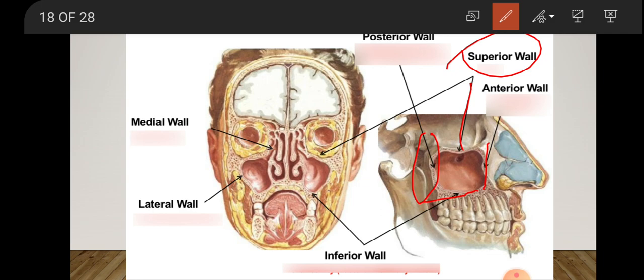This is the medial wall, which is related to the lateral wall of the nasal cavity. Here the lateral wall is related to the zygomatic bone. So that's about the boundaries of the maxillary air sinus.